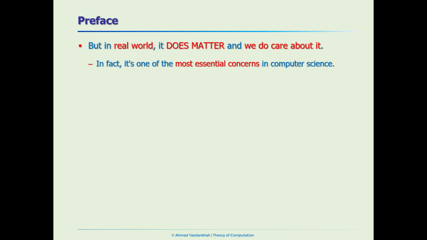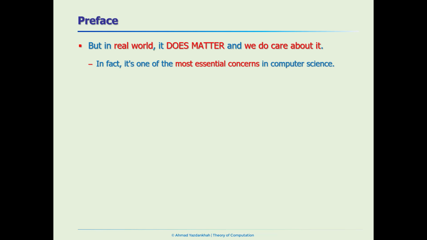We do care about the resources that we are consuming. We do care about how many processes are created or how much memory we are using. In fact, it is the most essential thing in computer science that we care about the resources.